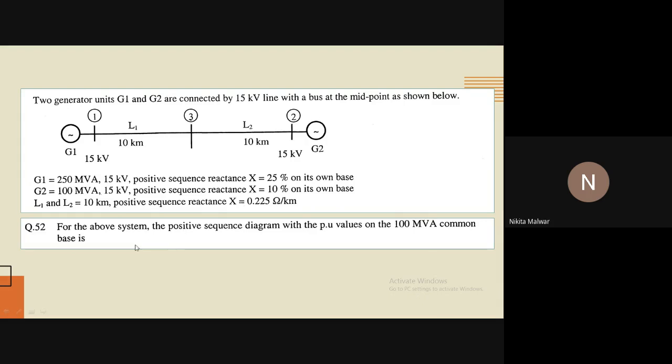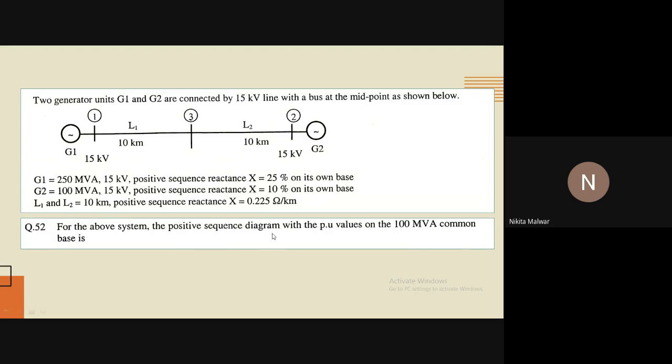Now what is the question? The question is, for the above system, the positive sequence diagram with the per unit values on the 100 MVA common base is. That means we have to find out the positive sequence diagram with per unit values, in which the given condition is 100 MVA common base.